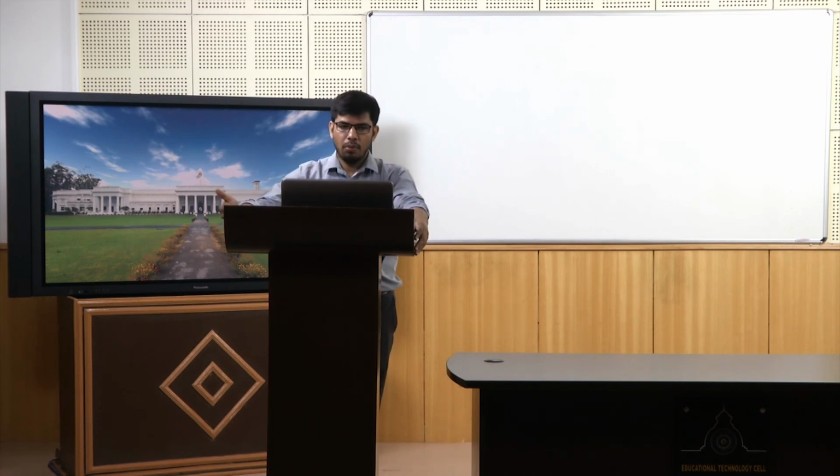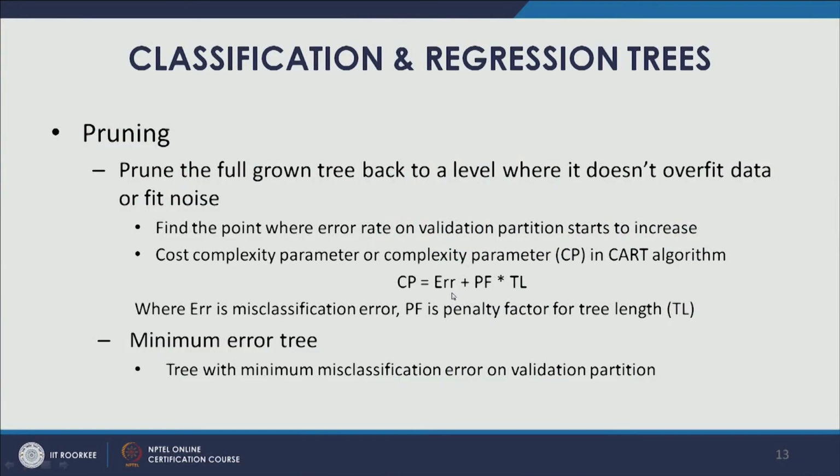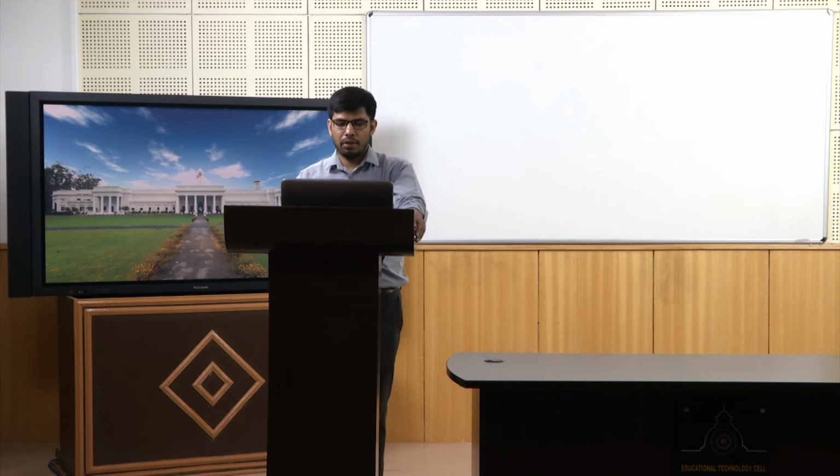The model having the bigger tree size would have an additional value added to the error component, and therefore its CP value would be more than that of a tree having the same misclassification error but of a smaller size. So the cost complexity parameter can be used to control the size of the tree, the length of the tree.